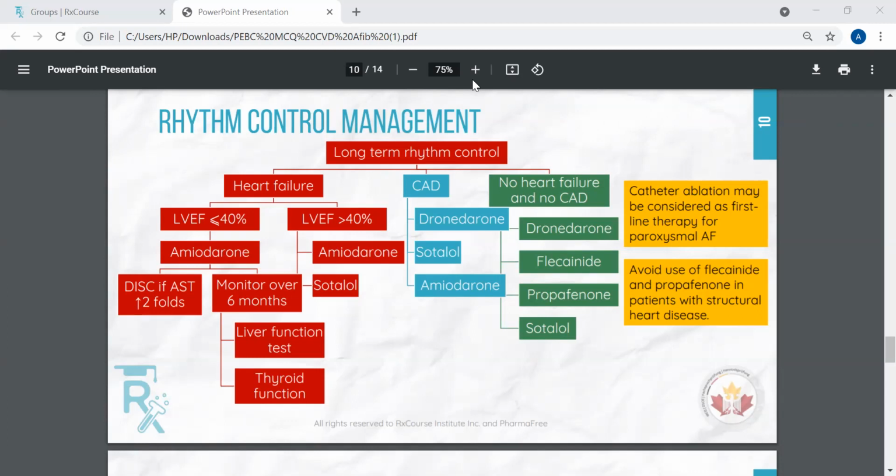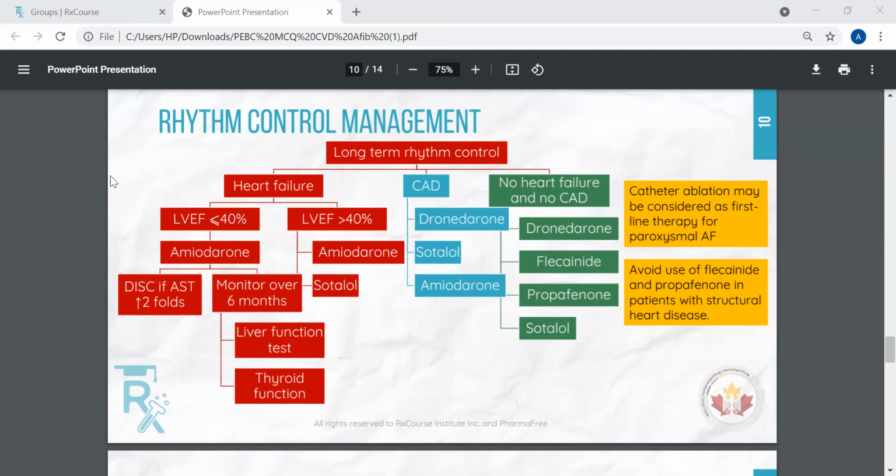Of course, there are two types of cardioversion. The one by electrical shock by electrode, and the other is to restore the sinus rhythm by medication. Yes, amiodarone if the left ventricular ejection fraction is less than 40.